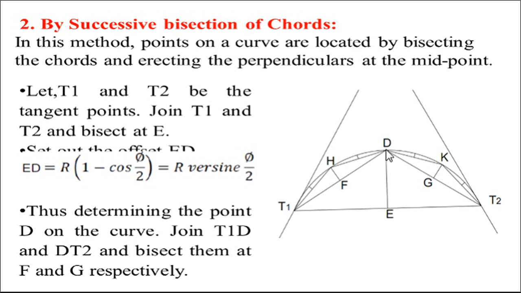Thus we get the first point on the curve, that is D. Then join T1 to D and D to T2. This is one chord and this is the other chord. Then again we bisect T1D at F and DT2 at G.